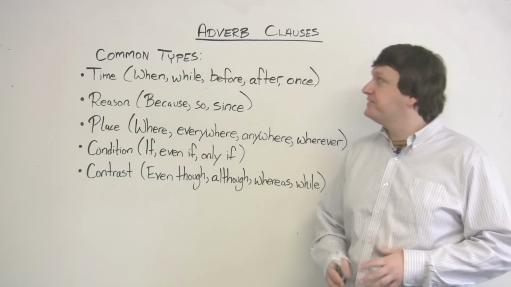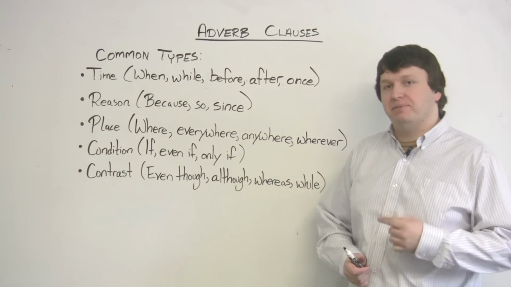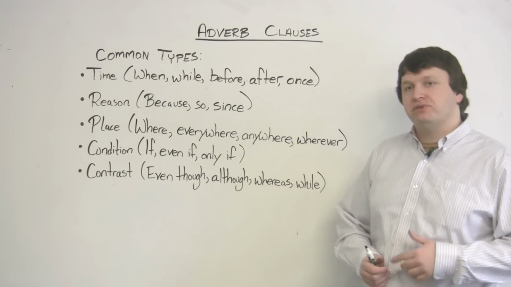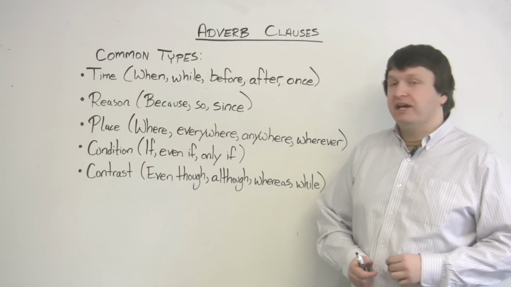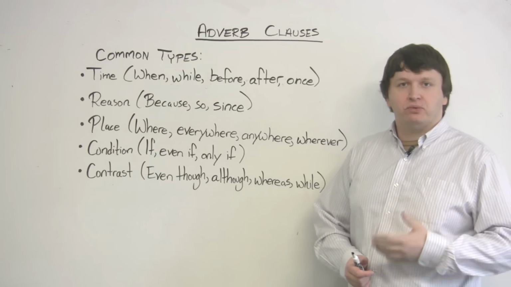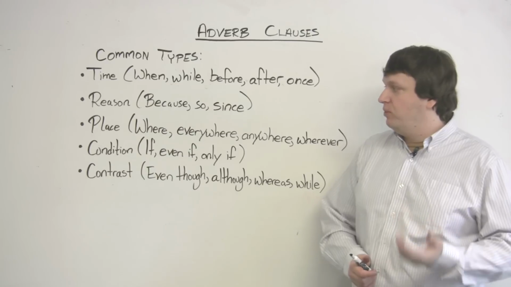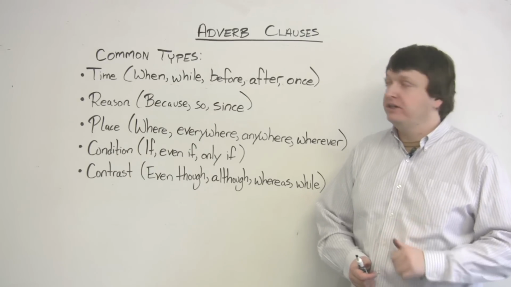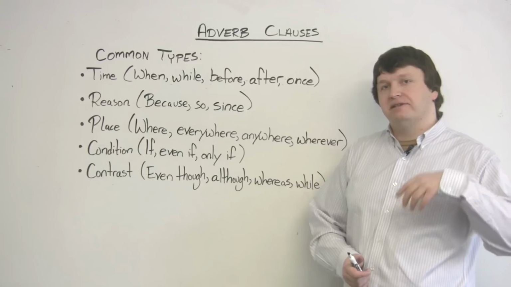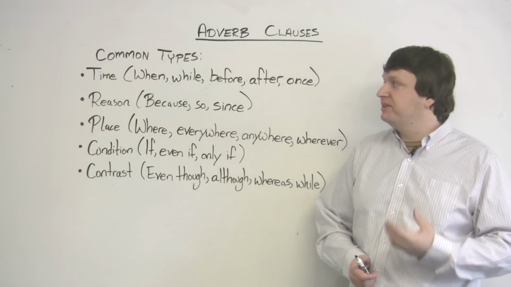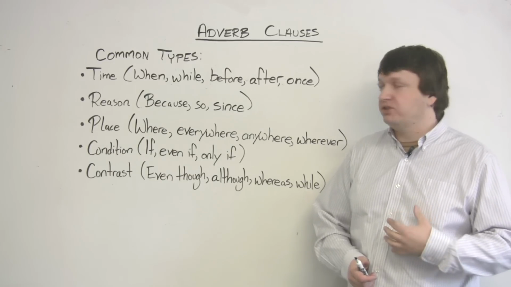Okay, now we have some common adverb clause types on the board. So as you saw in the previous segment of the video, we had some sentences and they all began with words like because, when, where, if, and what we have here are examples and a bit more detail in terms of what these words and expressions actually mean.